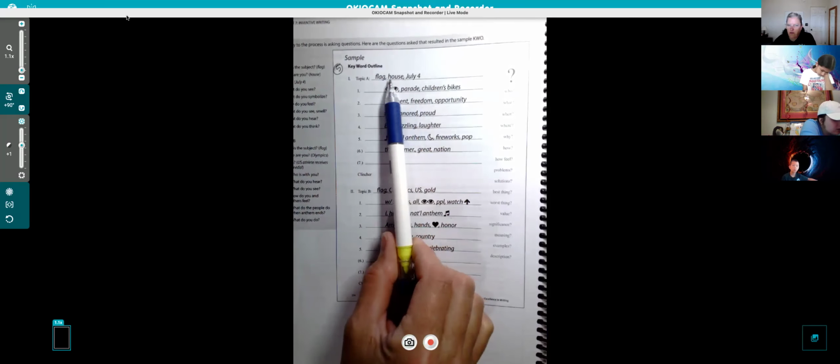I'm going to show you what the teacher's edition looks like, just in case you need some ideas here. This is the teacher's edition. They thought of flying at somebody's house on 4th of July. And you can see the words they put here: parade, children's bikes, represent freedom, opportunity. That would be a good one if you want to put that in yours.